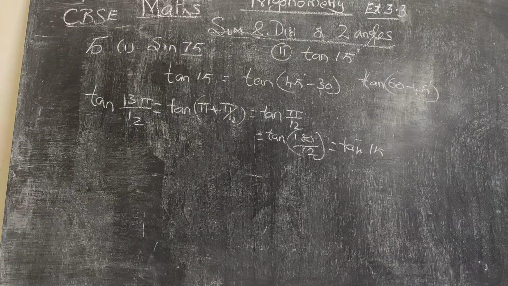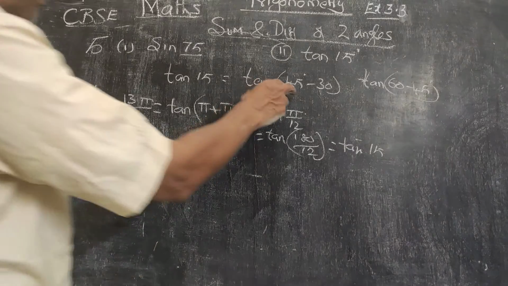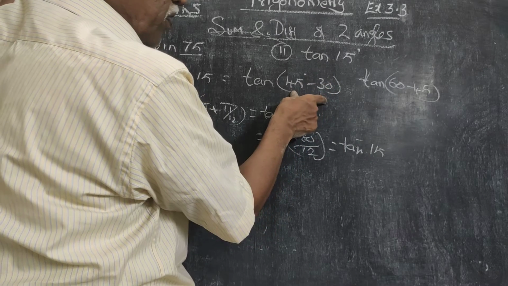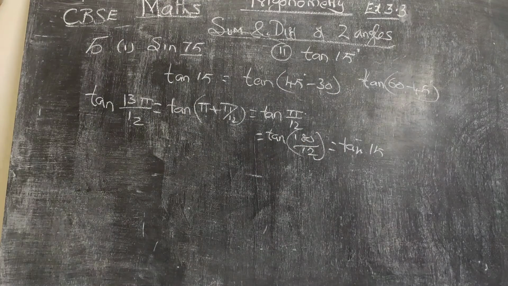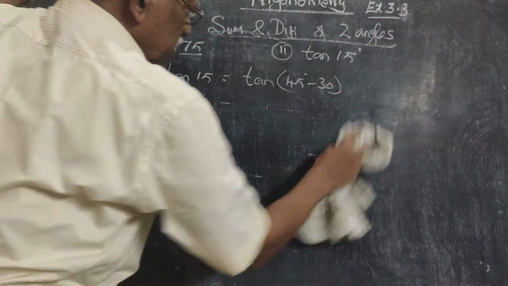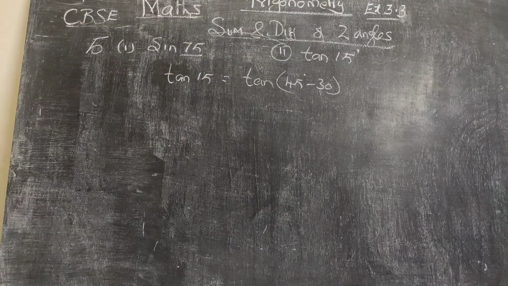In the example they said find the value of tan of 13 pi by 12. So there I explained that this can be done either by this method or by this method. The thing is that I must get the difference as 15 with the help of known values. That is the important thing. So let me complete the problem by taking tan of 45 minus 30.